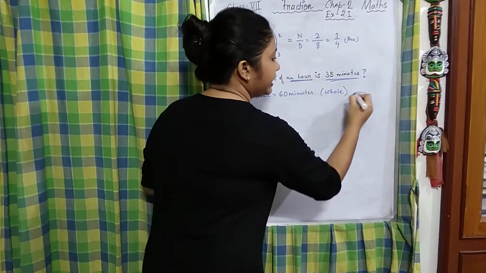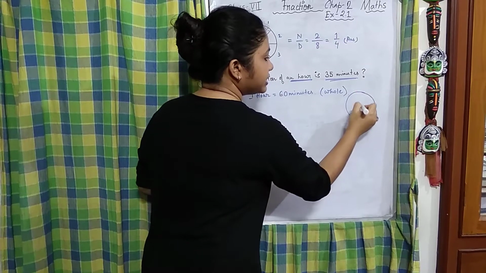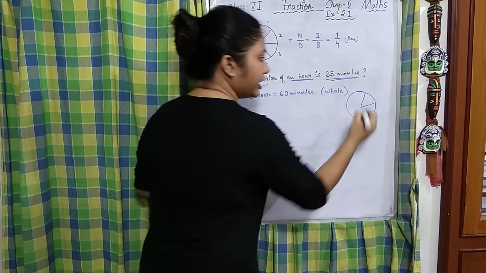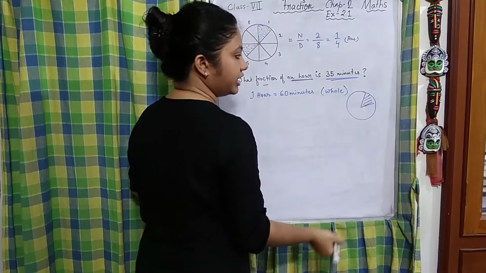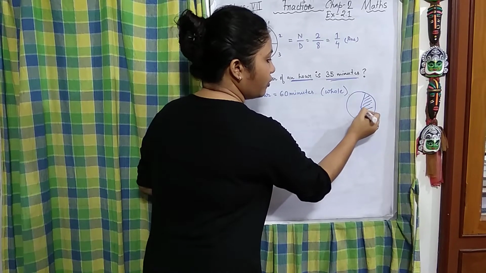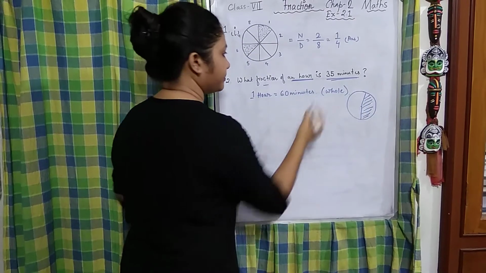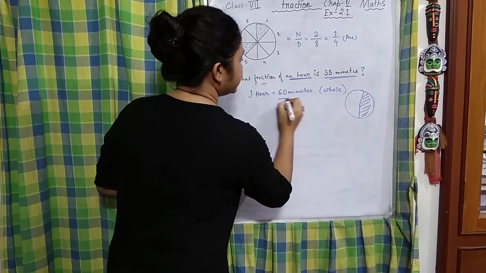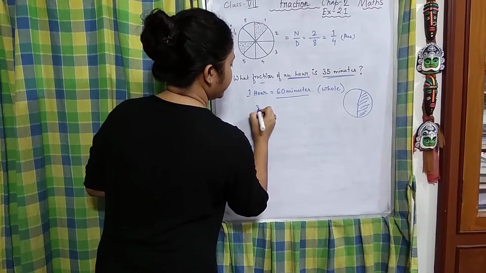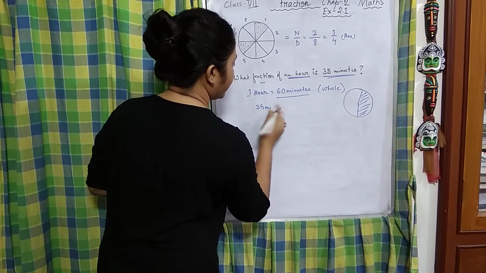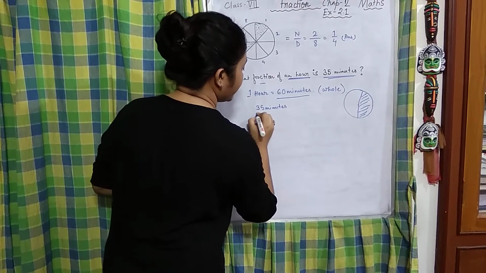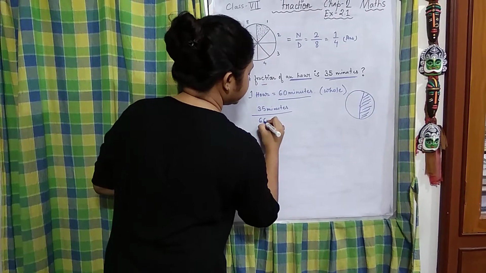Out of the entire hour, what fraction is 35 minutes? Got it? Then 60 minutes is the whole, we have got that. And then they have written 35 minutes. They have asked about the fraction of 35 minutes out of 60 minutes.